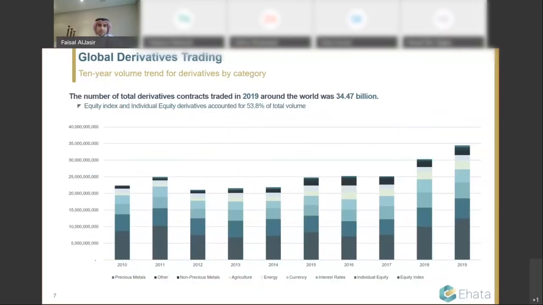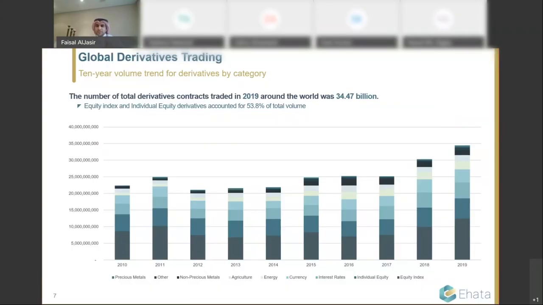So this is a look at global derivative trading in terms of exchange trading. Equity index and individual equity derivatives accounted for 53.8% of total volume, i.e. number of contracts, in 2019. So that gives you a sense of the number of contracts we're talking about here.